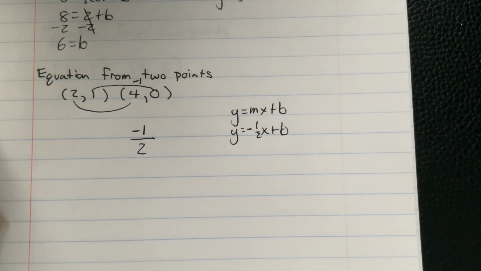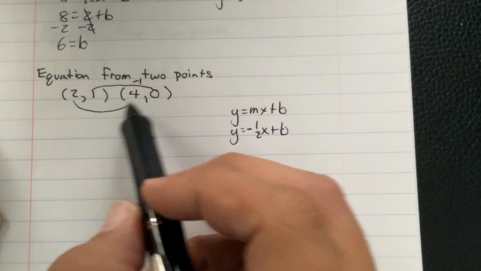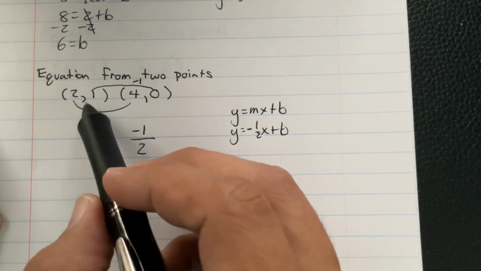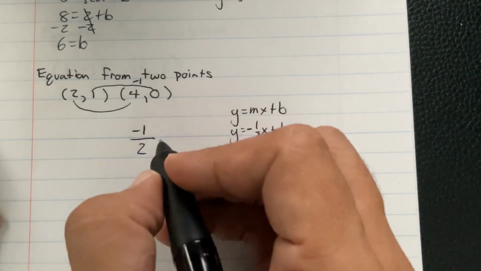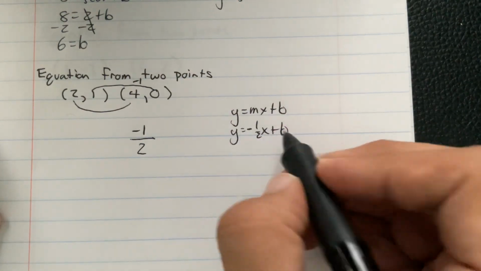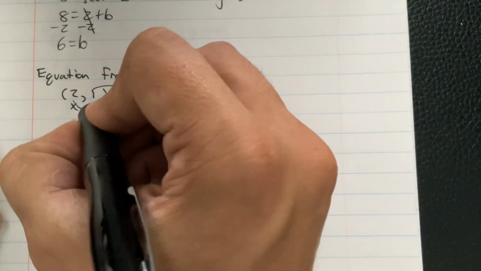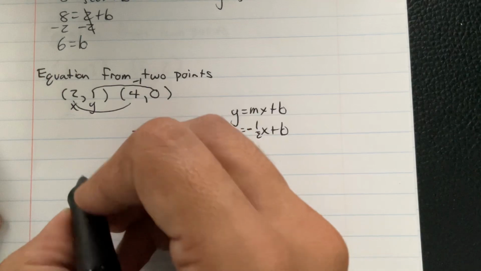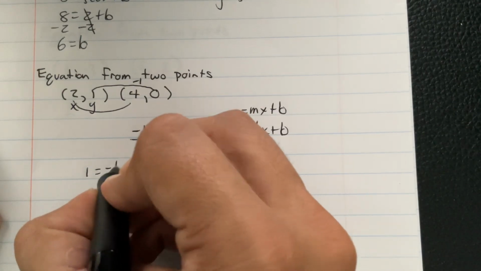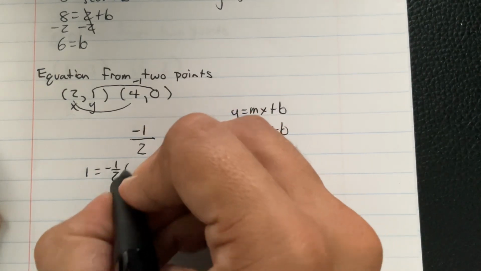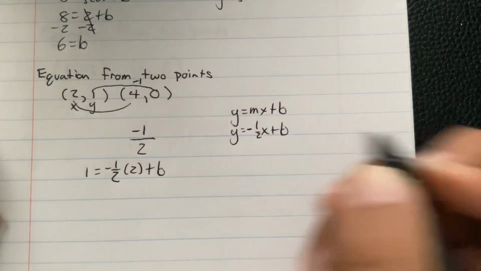So now we have to pick one of these points. Okay, I'll just choose the 2, 1. And then solve and replace y and x with it. Remember that this is x and this is y. So it's going to be 1 equals negative 1/2 times 2 plus b.